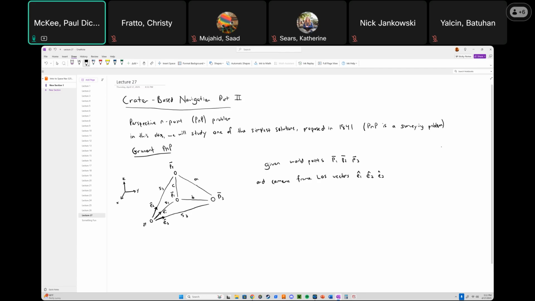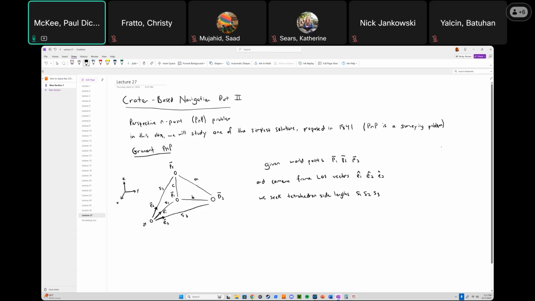So Grunert was after, and by extension, we seek tetrahedron side lengths S1, S2, S3. And we're taking it on faith that if we know S1, S2, and S3, it's relatively straightforward to get the rest of the way to our position and ultimately our orientation, but one thing at a time.